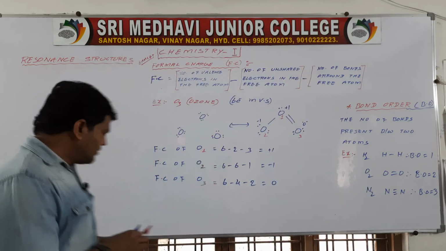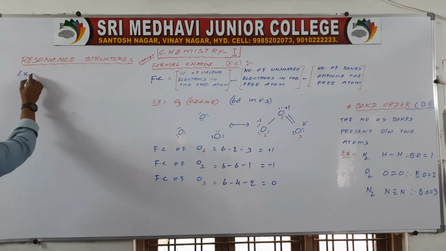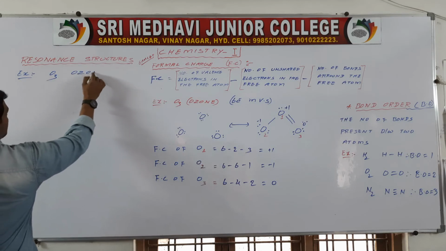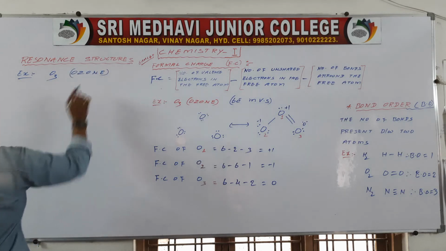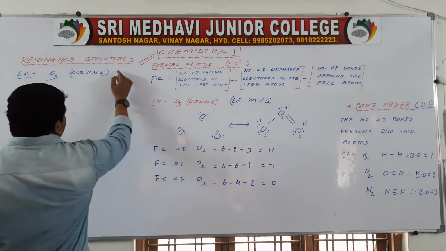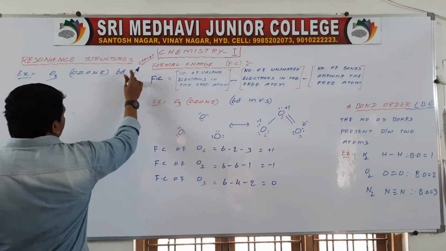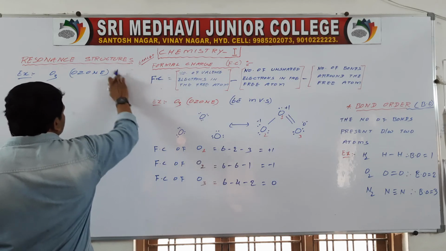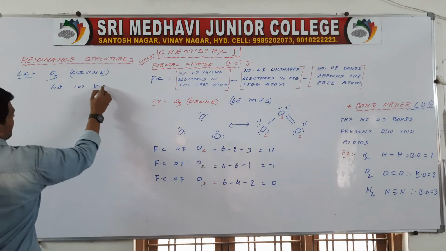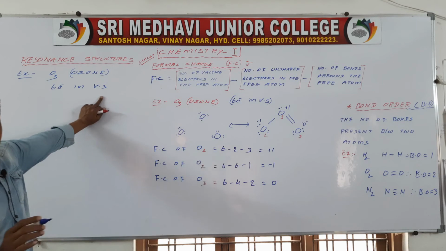For example, O3, the ozone molecule. It has 6 electrons in the valency shell.